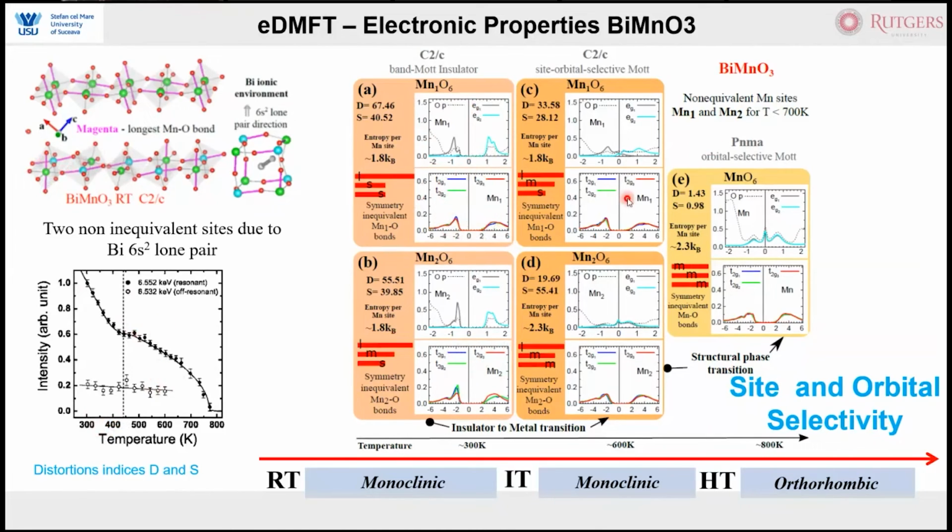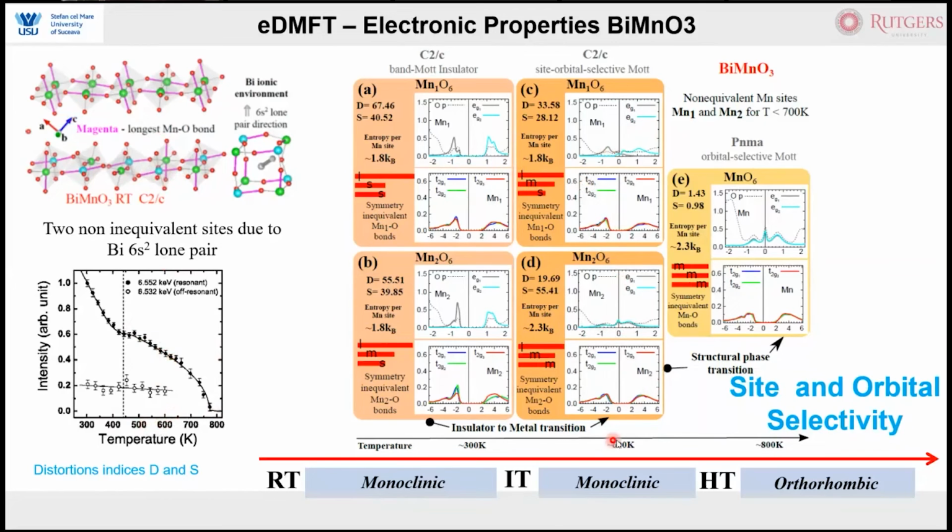Now looking here, what's happening is that I still have two sites, even in here. But if I look at these two sites, the T2G is Mott-like for both. But one site has a metallic state already, and one site is still insulating. So basically, what I see in the intermediate phase is that the orbital order is killed on one site, but is preserved on the second site.